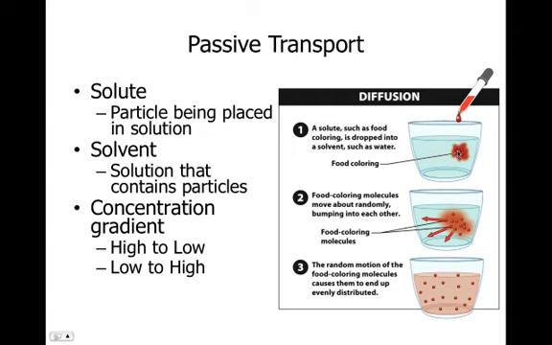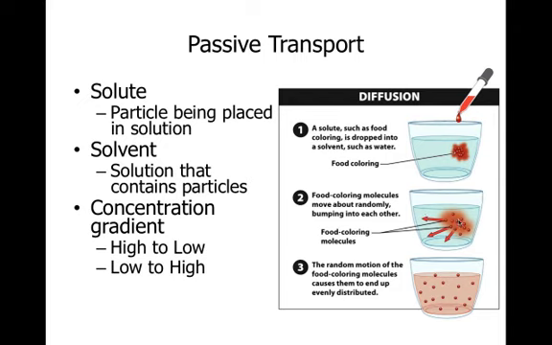You can see that there's an example over here. There's this drip of dye. It's very, very concentrated. This is called an area of high concentration. So our sugar cube is very highly concentrated in that area. And then what it does is diffuse to an area of low concentration, because the rest of your coffee or the rest of this glass has a very low amount of, let's say, sugar molecules.